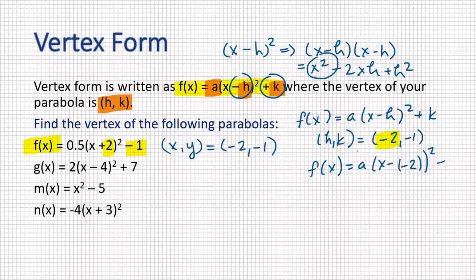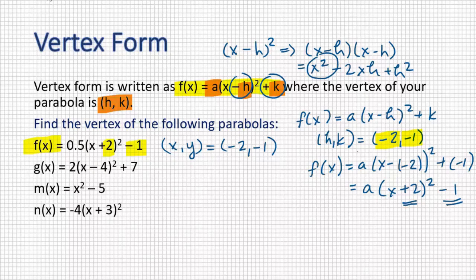That's all squared, and then we add the value of k, which is -1. If we tidy this up, we get a times (x plus 2) all squared minus 1. In other words, if h has a value of -2, then in our equation, we get x plus 2. If k has a value of -1, we see the same thing in our equation.